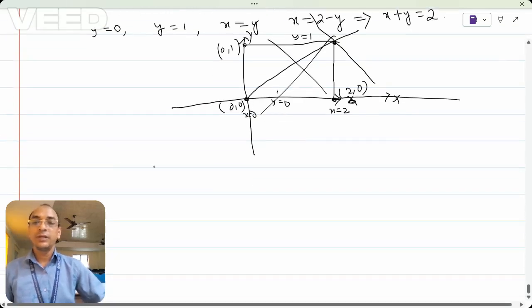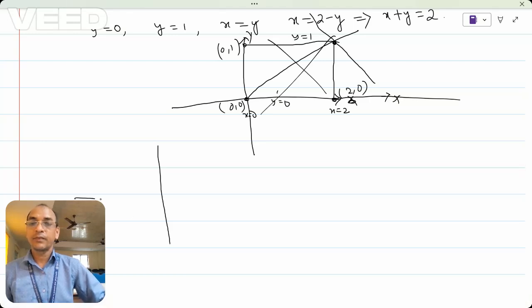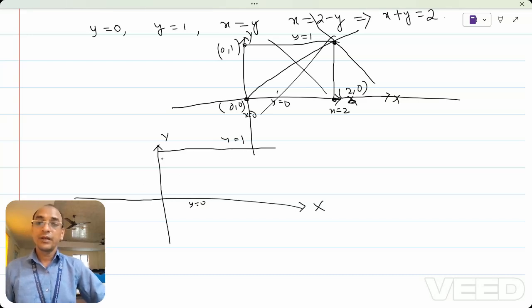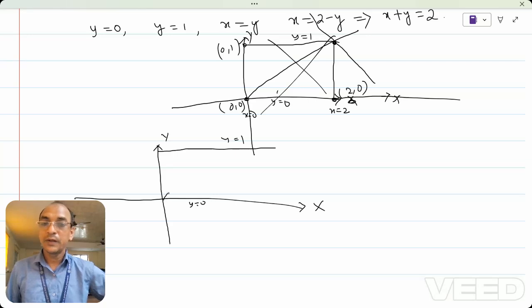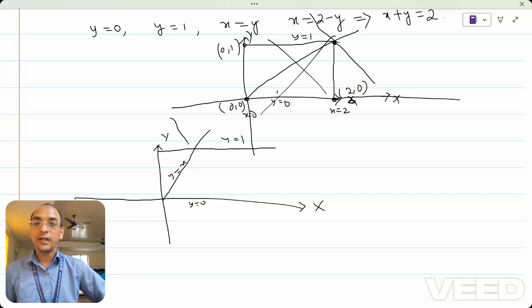So I will sketch another one. This is my x-axis and this is my y-axis. y equal to 0 is this, y equal to 1 is this. Then x equal to y, that is y equal to x, will be this, and x plus y equal to 2 will be the line like this. How can we get the line?